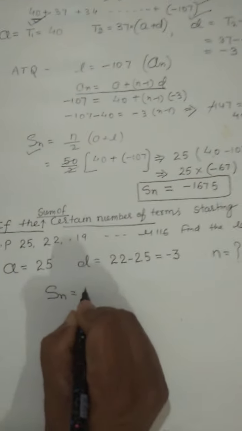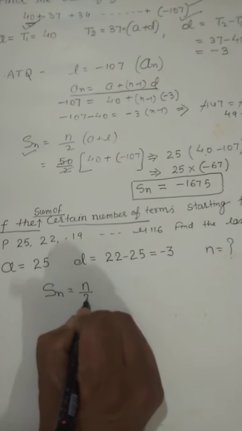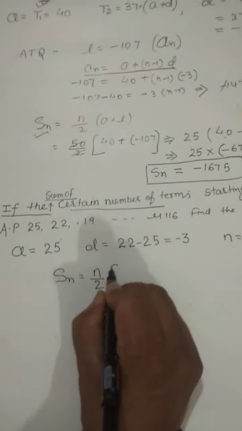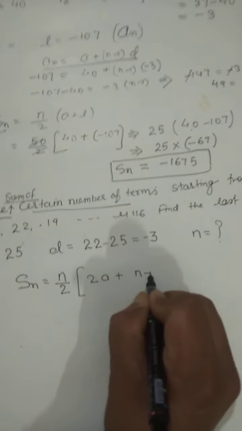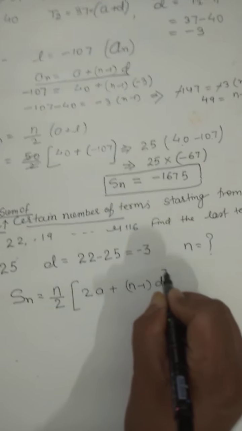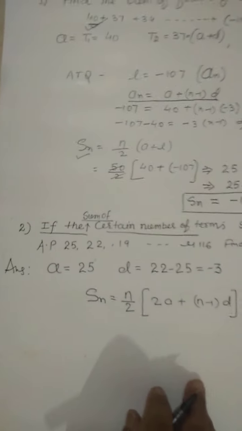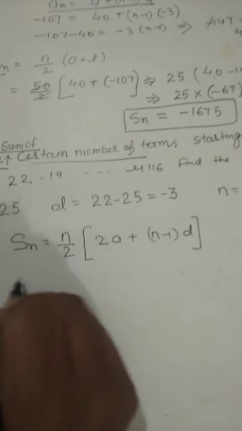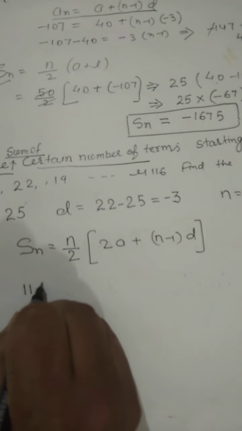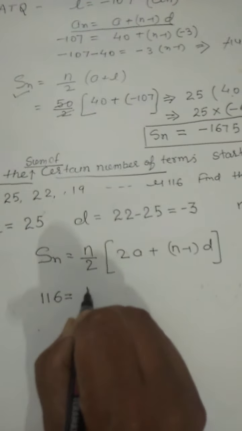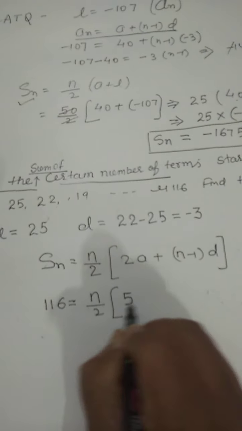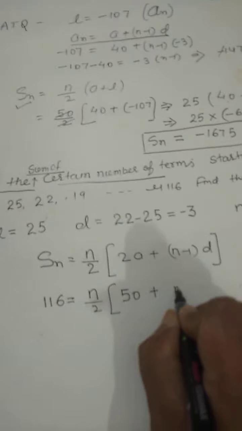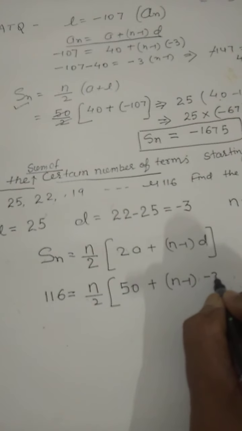Sn is equal to n by 2 times (2A plus (n minus 1)D). So Sn is 116, n is not given. 2 multiplied by 25, this is 50, plus (n minus 1) times minus 3.